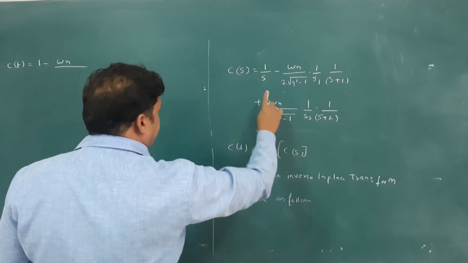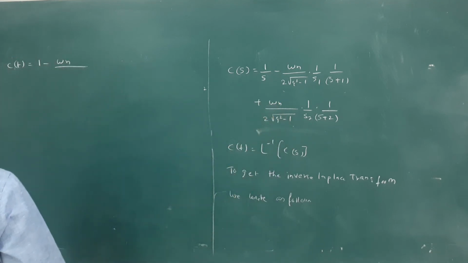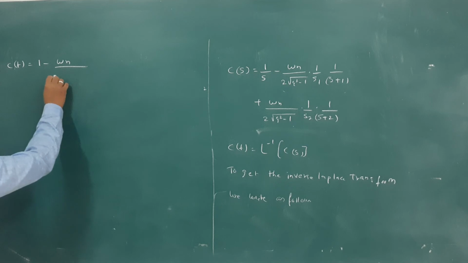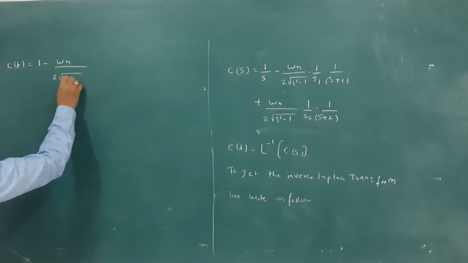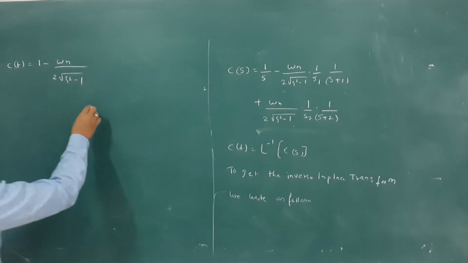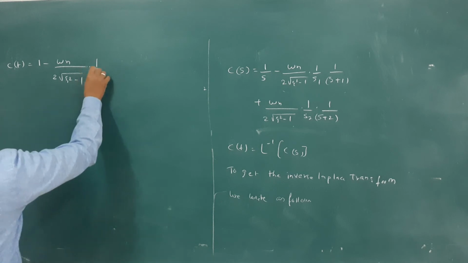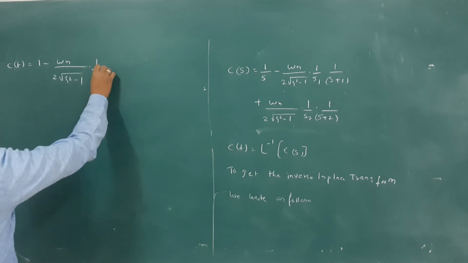So the term that has s will be converted by the Laplace transform, C of t value 1 and 1, omega n divided by 2 root of zeta square minus 1 into 1 by s1, which has the s value will be converted.